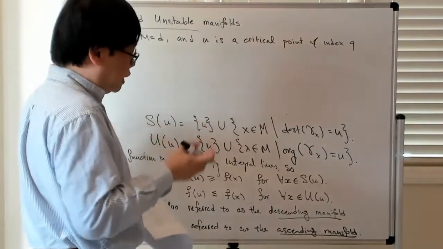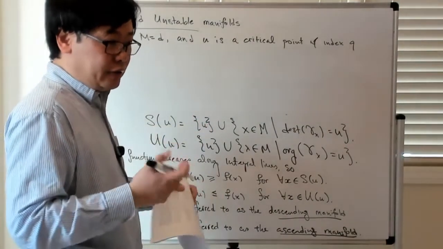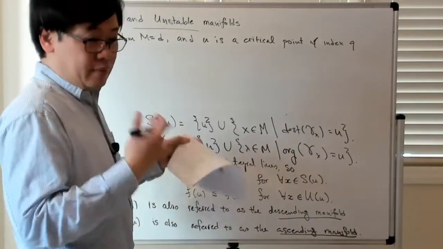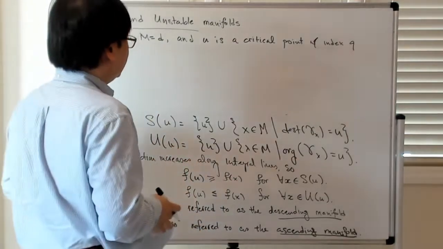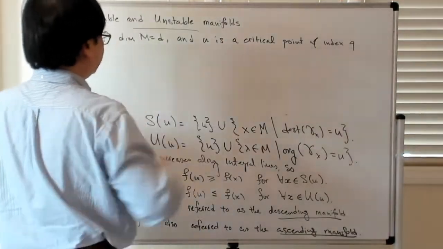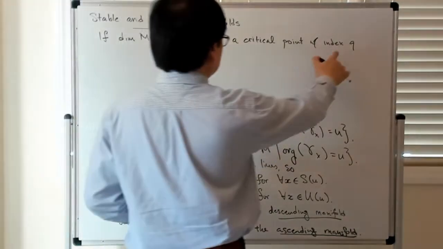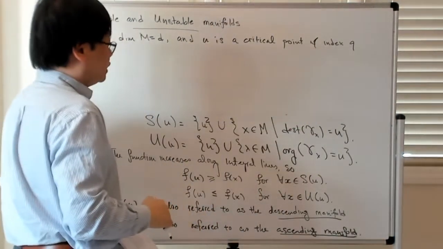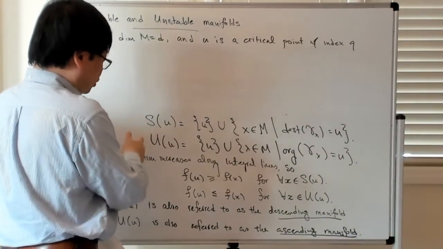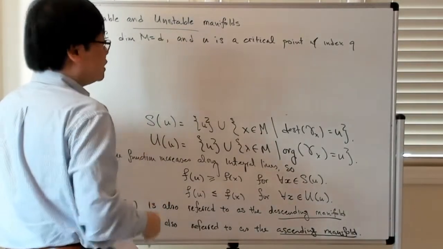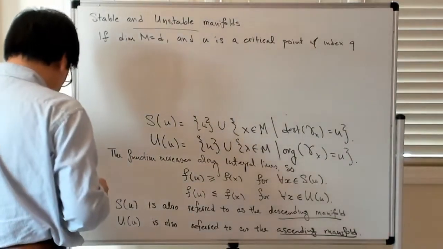And in 2 dimensions, it can be used to classify critical points into minima, maxima, and saddle points, right? So as you might expect, the index of the critical point is going to tell you something about the dimension of these stable and unstable manifolds. Okay.